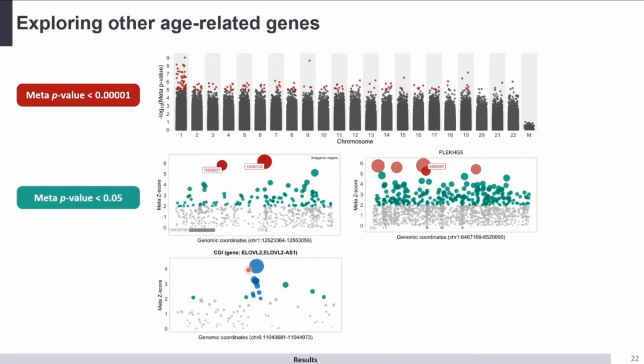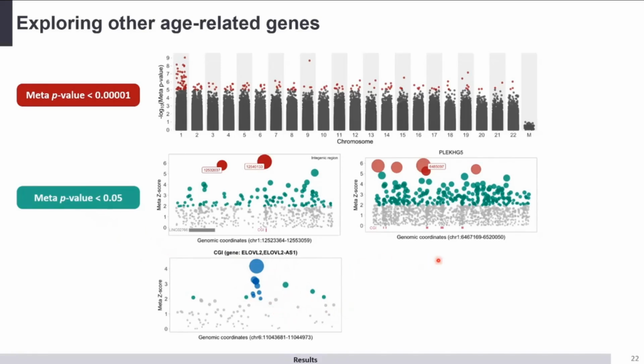For example, the ELOVL2 gene is a well-known age predictor in blood, and the CpG sites in blue were previously shown in our results and incorporated into different age prediction models. Using a less stringent p-value of less than 0.05, again, we identified 6 additional sites with a potential association with age in the ELOVL2 gene, highlighted in green.